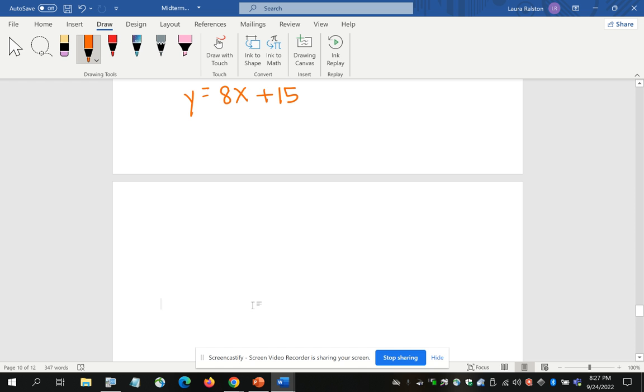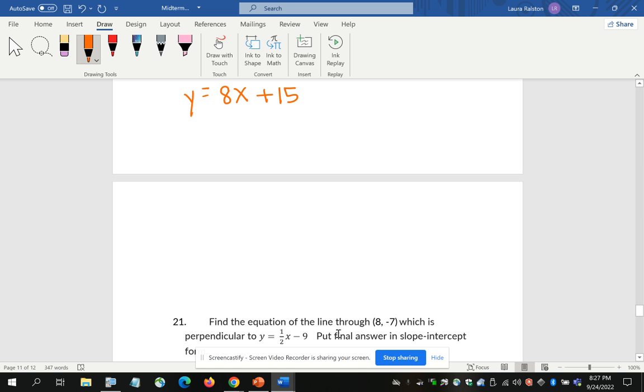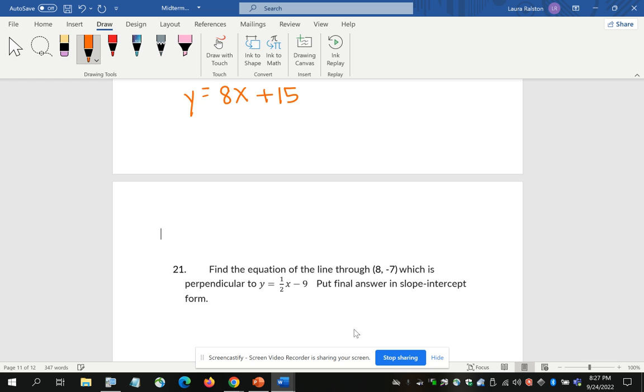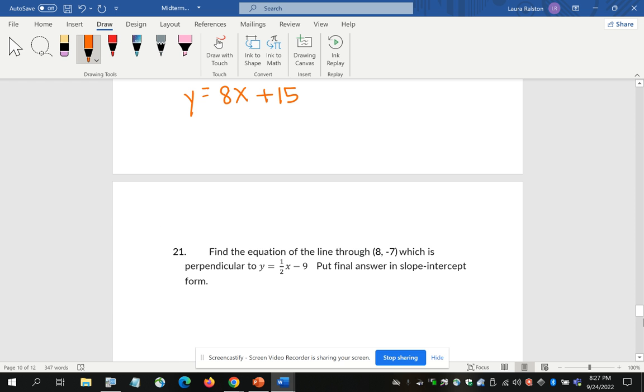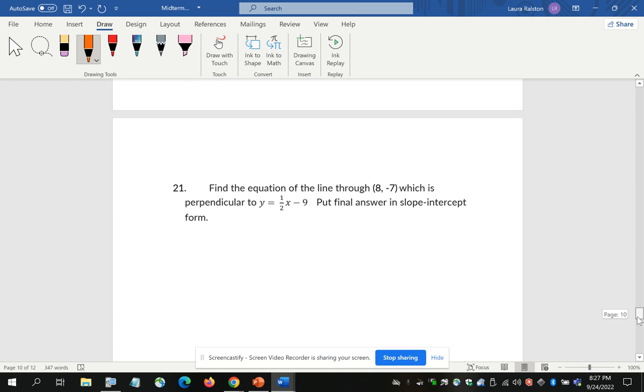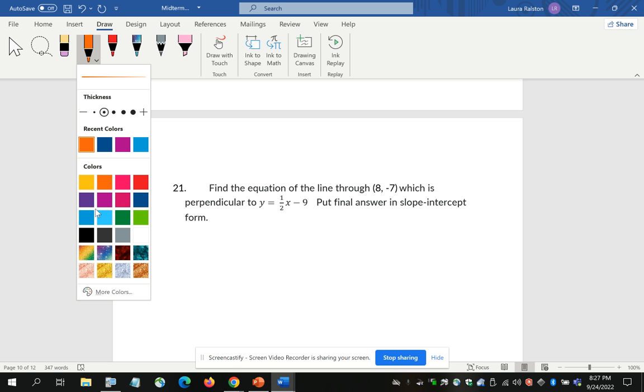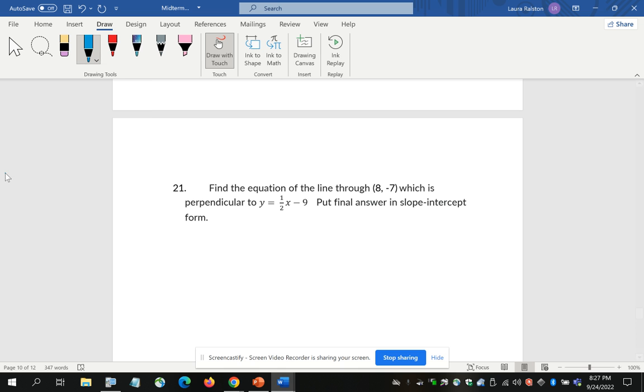Then we get to the perpendicular one. Tried to get ahead of myself. Find the equation of the line through (8, -7), which is perpendicular to y equals 1/2 x minus 9. Okay, remember, to be perpendicular, the slopes are negative reciprocals.